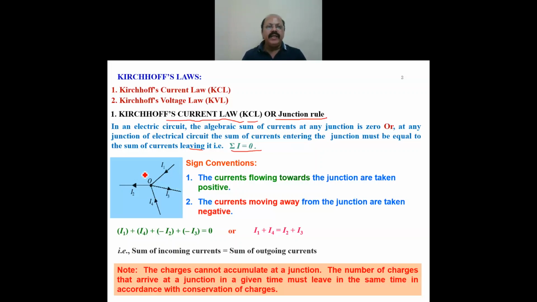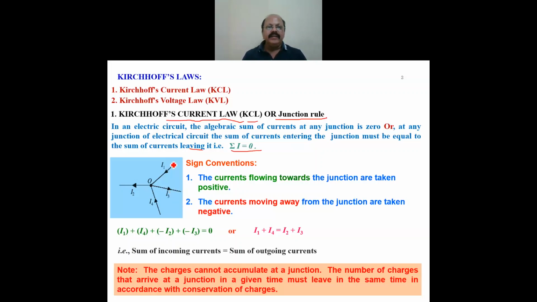So when we take the algebraic sum of I1, I2, I3 and I4, that should be 0. In other words, the algebraic sum of the currents entering the junction must be equal to the algebraic sum of the currents moving away from the junction.